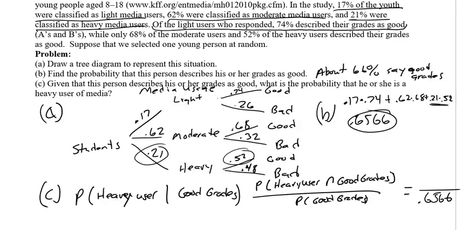So we do the math: 0.21 times 0.52 is 0.1092, divided by 0.6566, and we get about 0.166. So about a 17% chance that somebody reporting good grades is a heavy user of media.